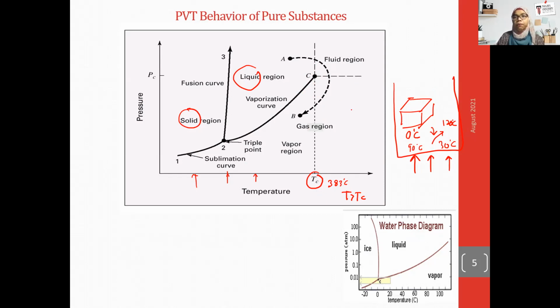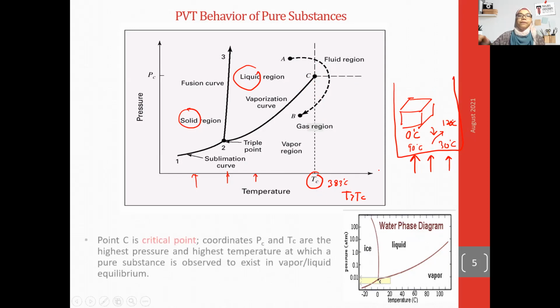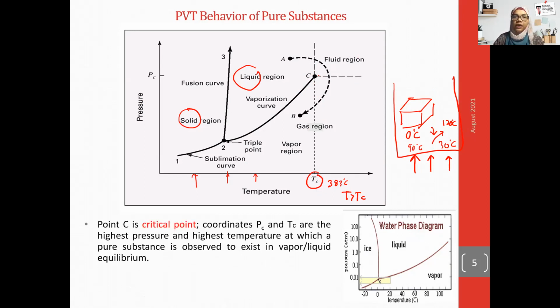So it will remain in vapor phase. So basically, the point C here is the critical point, whose coordinates PC and TC are the highest temperature and pressure at which a pure substance is observed to exist in the vapor-liquid region. This is the vapor-liquid region.